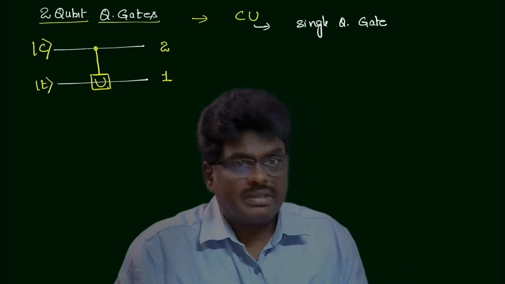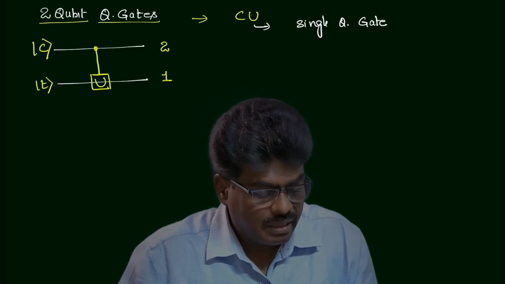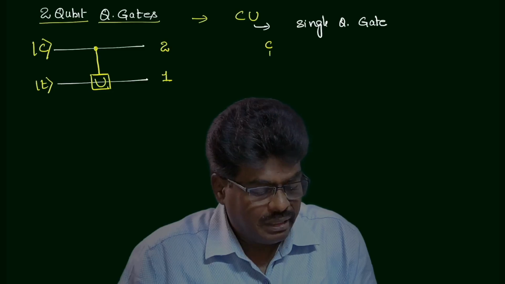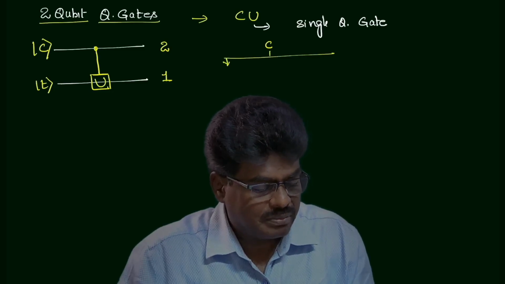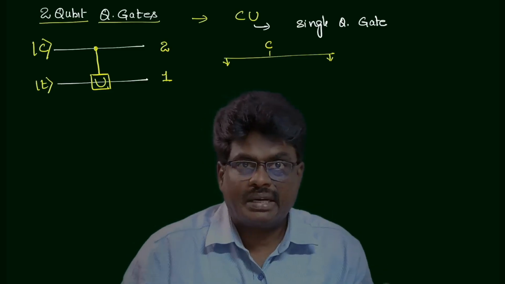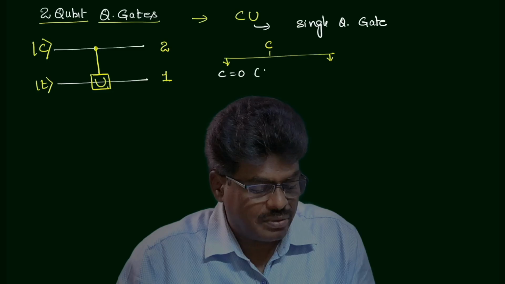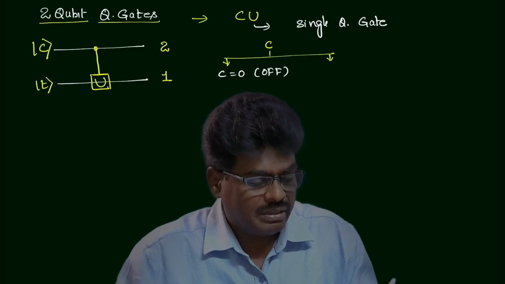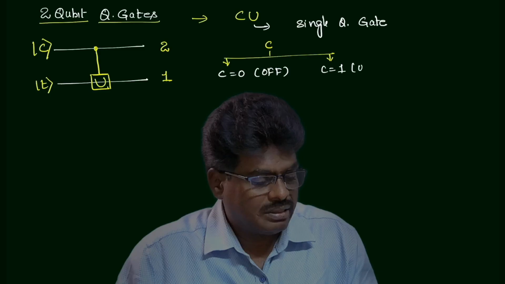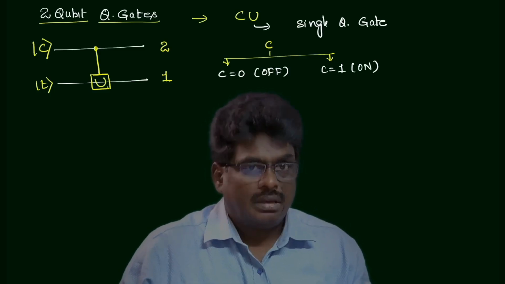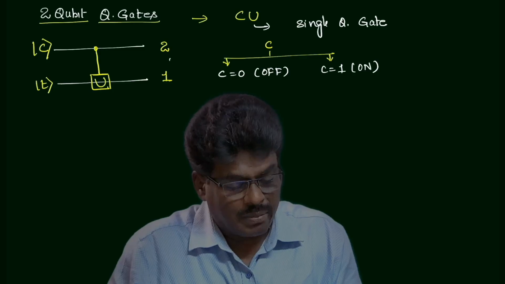Generally, in these 2 qubits, we have a control bit. It has two options. Maybe it is in the off state or it is in the on state. For example, if I take C equal to 0, that means off, or C equal to 1, it will be in the on state. If C is in the off state, what about the final state?